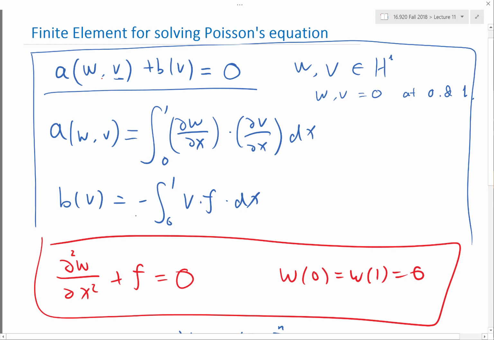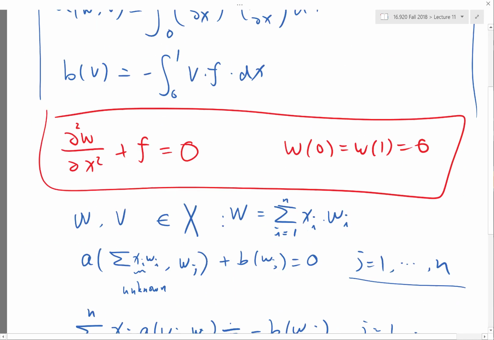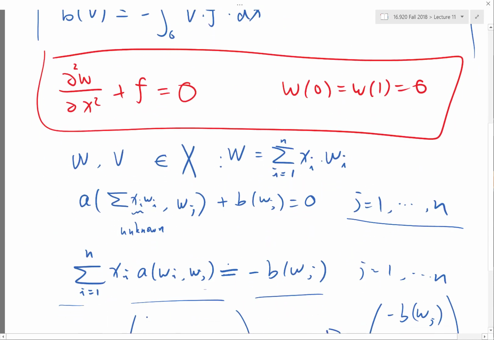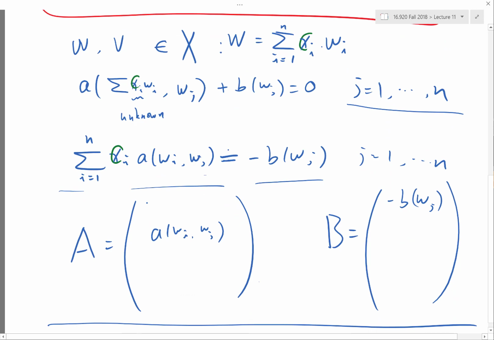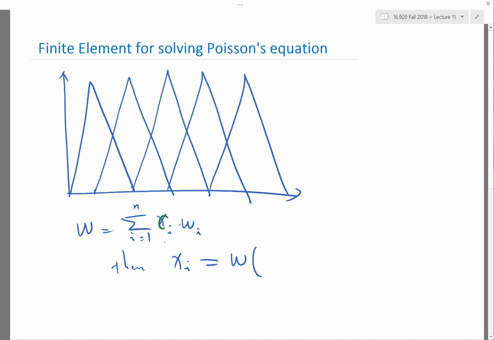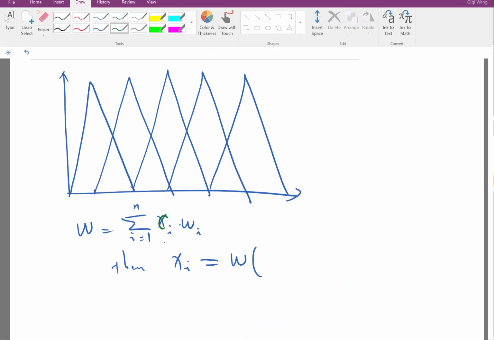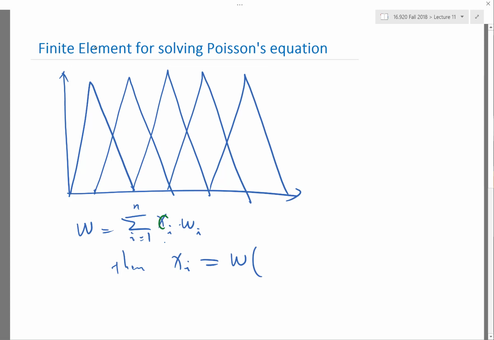A is actually the bilinear form, right? So let's see. Yeah, c is a good notation. So this is c, and now if this is a linear combination of ci times wi, then my ci would be equal to the value of the function at a particular xi.